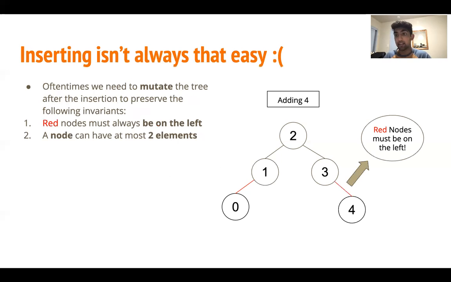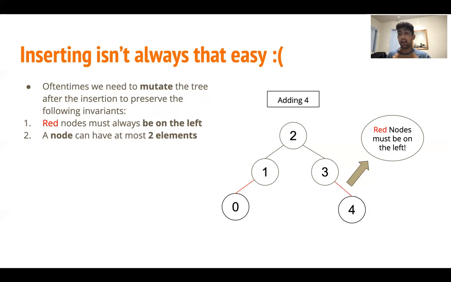Sometimes when we insert, we're going to have a red link going to the right. This is a problem because an invariant of an LLRB, part of the name, is that all of the red links go to the left, okay? Another property of an LLRB that we must preserve is that a node must have at most 2 elements, right?